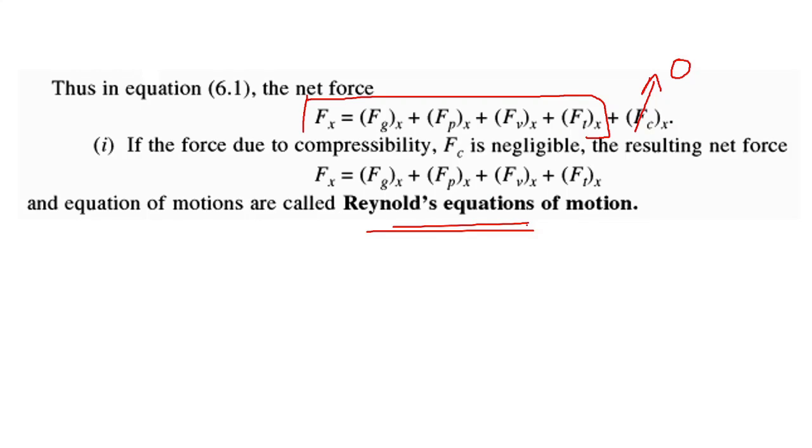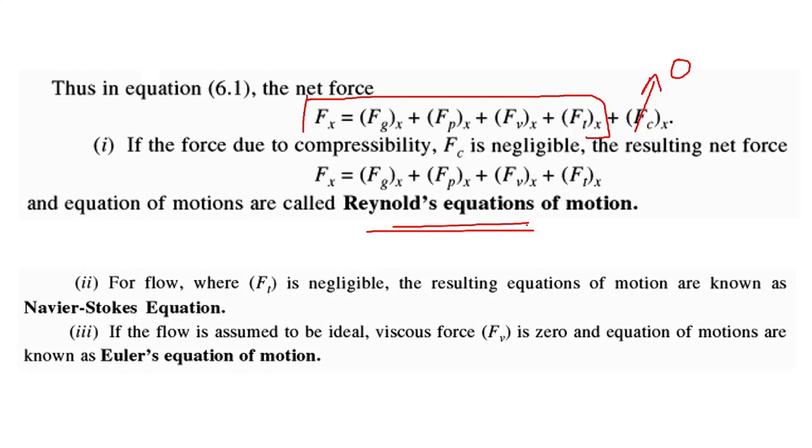If compressibility is 0, the equations of motion for that particular type of fluid are called Reynolds equations of motion. Suppose Ft, the force due to turbulence, is negligible; the resulting equations of motion are called the Navier-Stokes equation. Remember it.